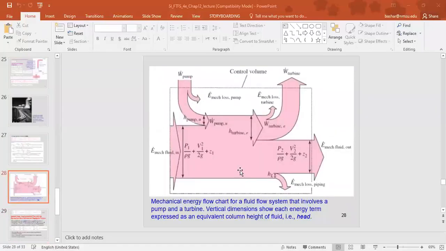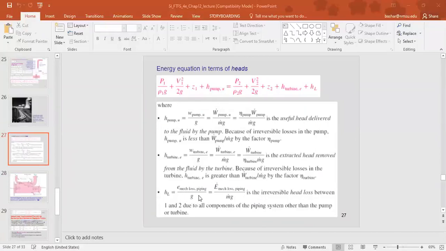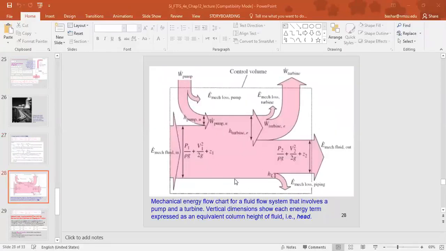Okay, while the head loss here and its relation with the specific piping mechanical losses energy and the piping mechanical losses power are shown here. Here, this schematic shows what happens to the flow. As we can see, the useful pump power is added to the flow energy. The mechanical losses in the pumps are taken out here from the pumping power input, which is the shaft input power for the pump.